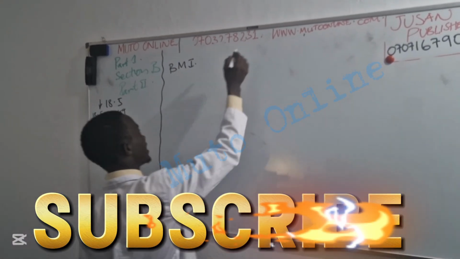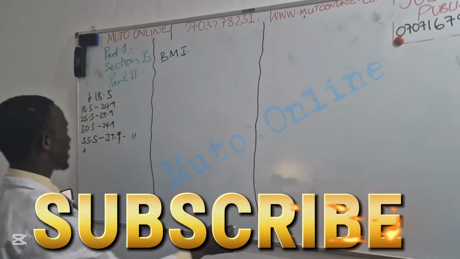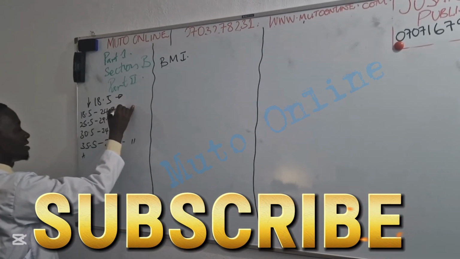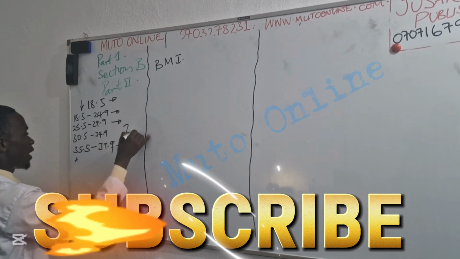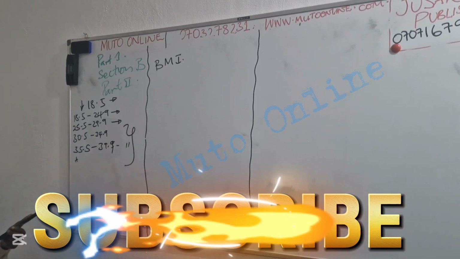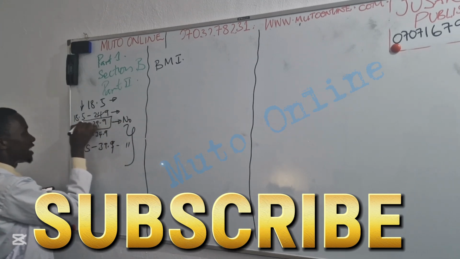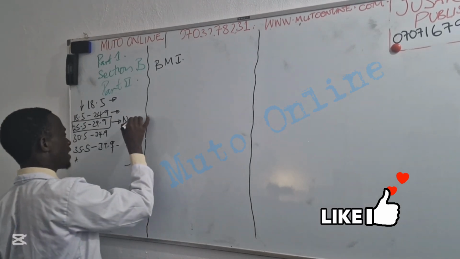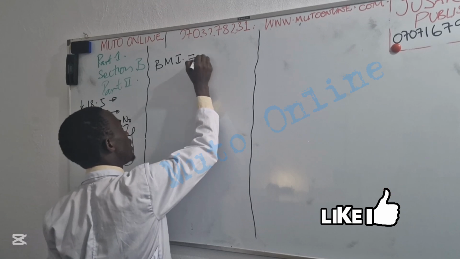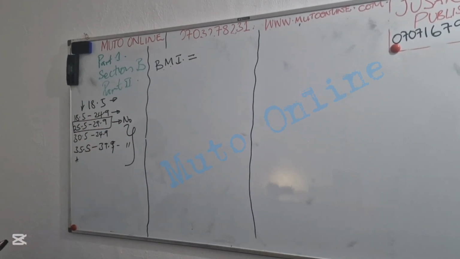It's the body mass index that will help you classify all of these nominees as either underweight, normal weight, overweight, or to any obese class, so that you can only identify those ones with normal weight who fall under this range. So the item setter is expecting you to be able to know how to calculate for the body mass index of any person, given any information about him or her.